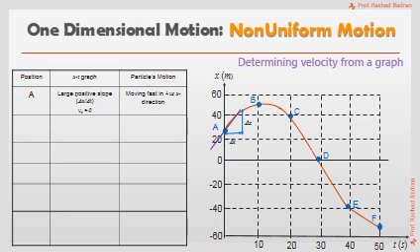How can we find the velocity at point A? Again, we need to find the slope. To find the slope, you have to have delta x and delta t. To get delta t, or t initial and t final, and the corresponding positions x initial and x final, we start from here. We draw this line up here to t0, the initial time.